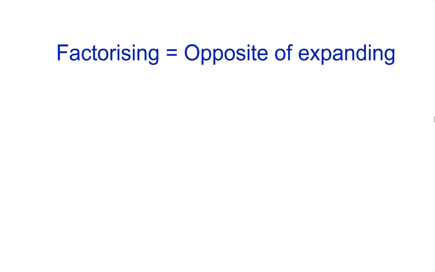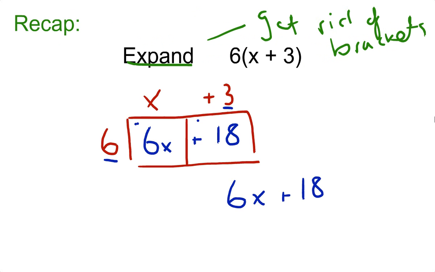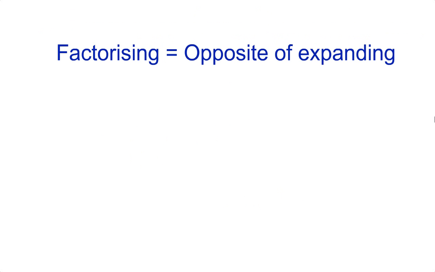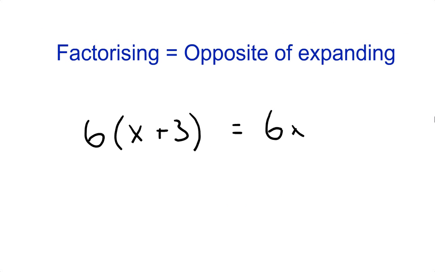So, if we take this example here, where we had 6 bracket x plus 3, and I told you that when we expanded it, we got 6x plus 18. Well, going from here to here, we've got rid of the brackets. So that's what we call expanding.